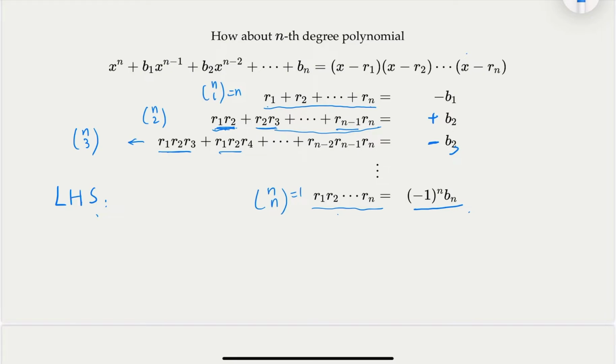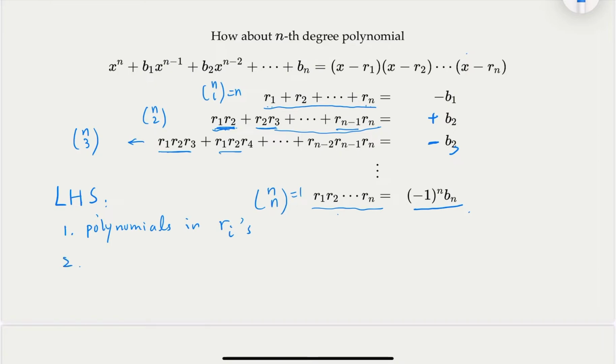So we're going to use some notation here. We notice that these are polynomials in the roots, the r_i's, r1 to rn.